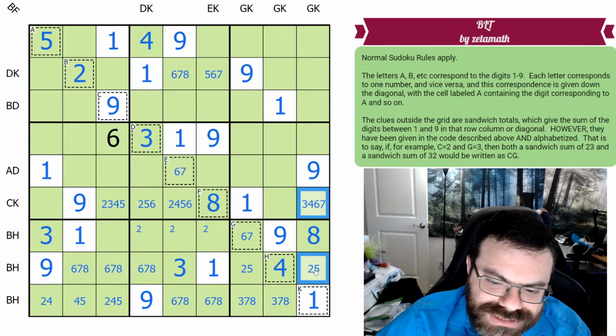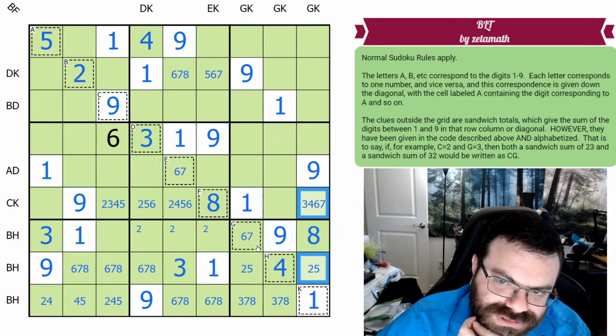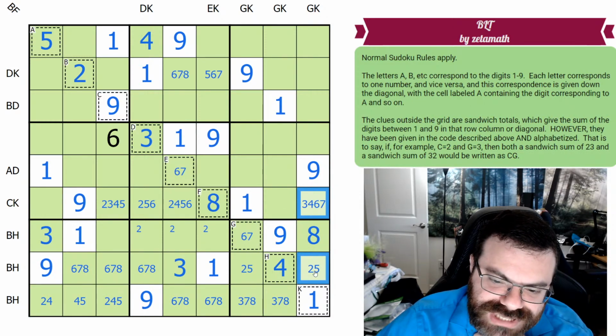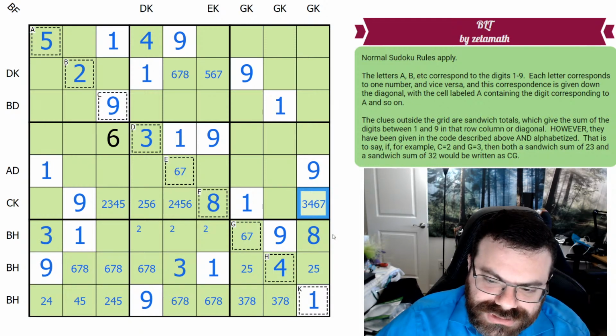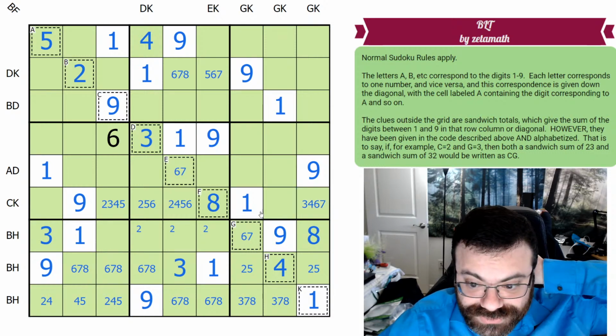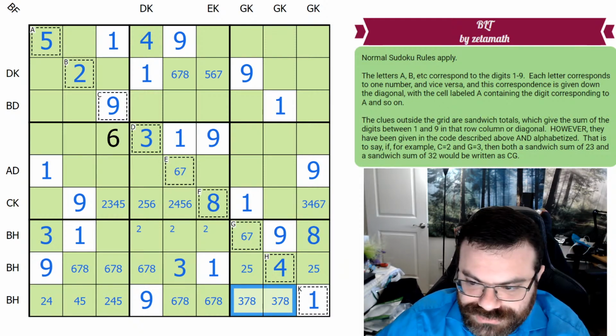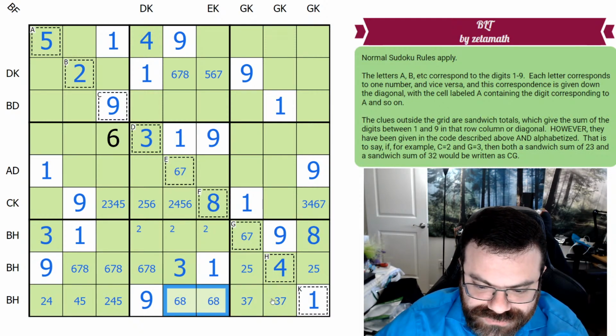Okay, so let's just look at this again, knowing that's 8. So these added to 16 or 17. Which means these two add to 8 or 9. So with a 2, we'd have 6 or 7. And with the 5, we'd have 3 or 4. That 8 gives us a 3, 7 pair here.